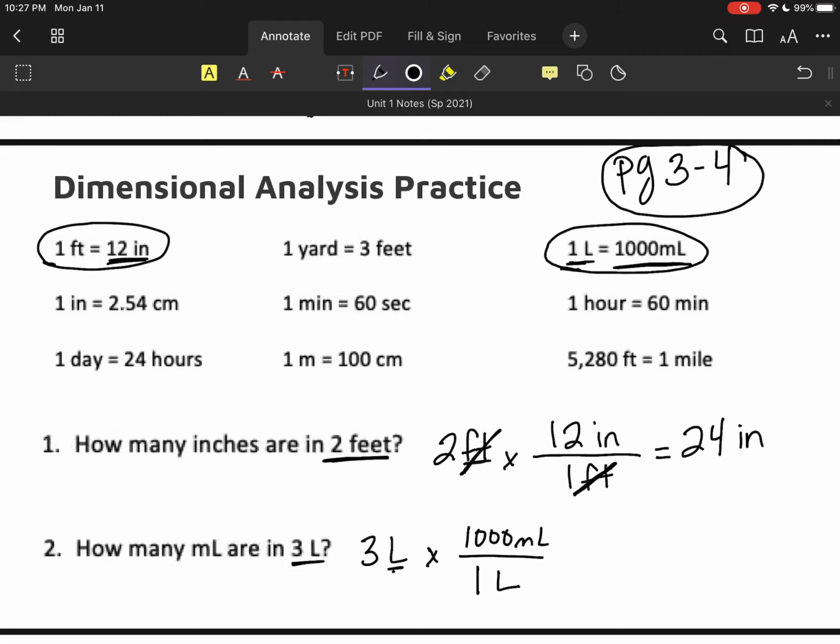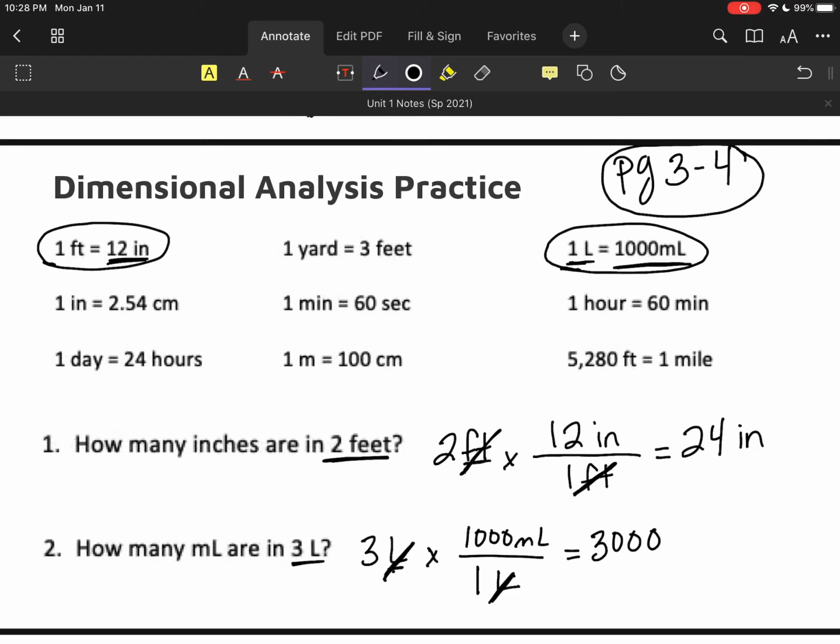So that's what I'm going to write on the top, because remember, top and bottom have to be equal to each other. So now the liters are going to cancel, because I have it on top and bottom, just like my stars canceled or my red octagons canceled at the beginning. And now I'm left with just 3 times 1,000, which is 3,000.